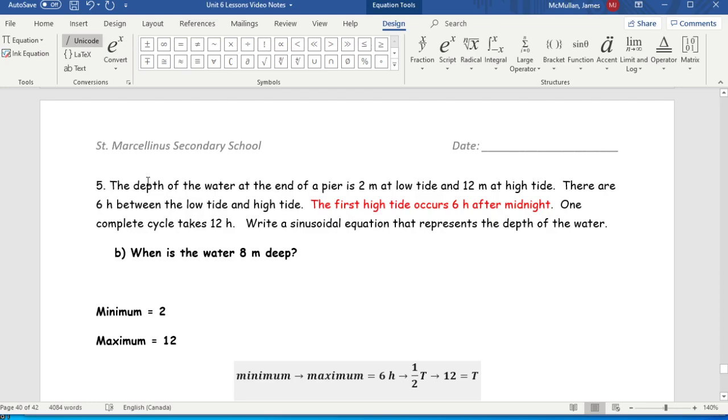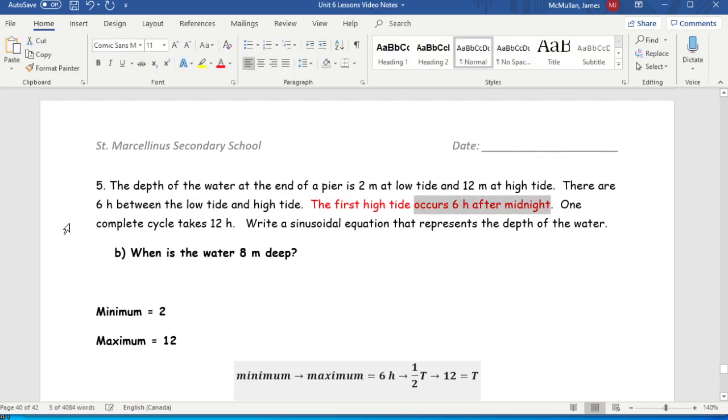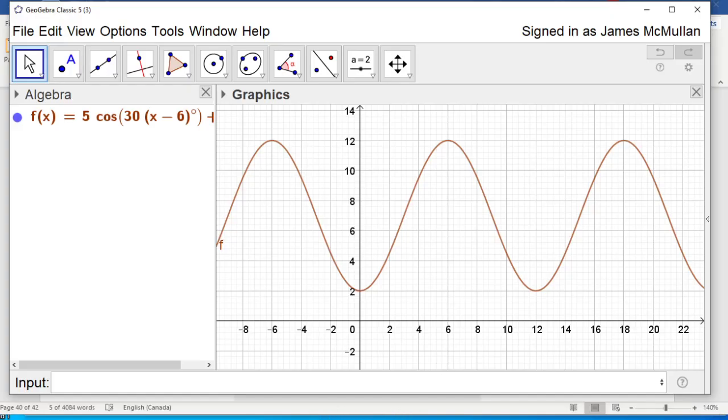It says 6 hours after midnight, we should be at a maximum. So where are we at 6 and f of 6? We're at a maximum. 6 hours after that, we should be at a minimum. And 6 hours after that, so 18 and f of 18, we should be back to a maximum. Okay? So that's how you could see.